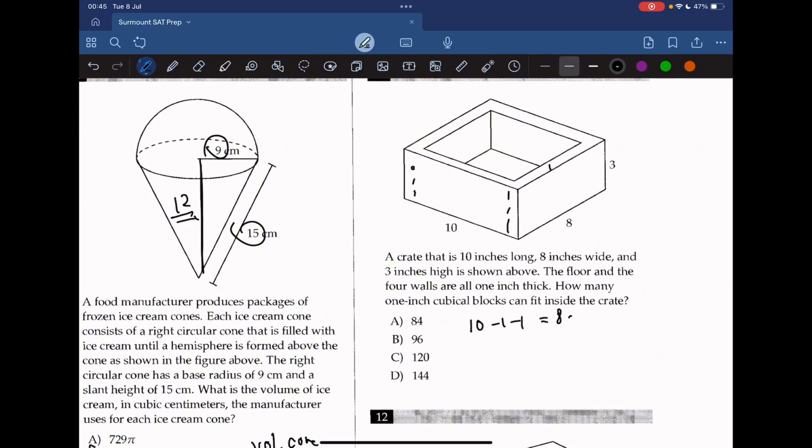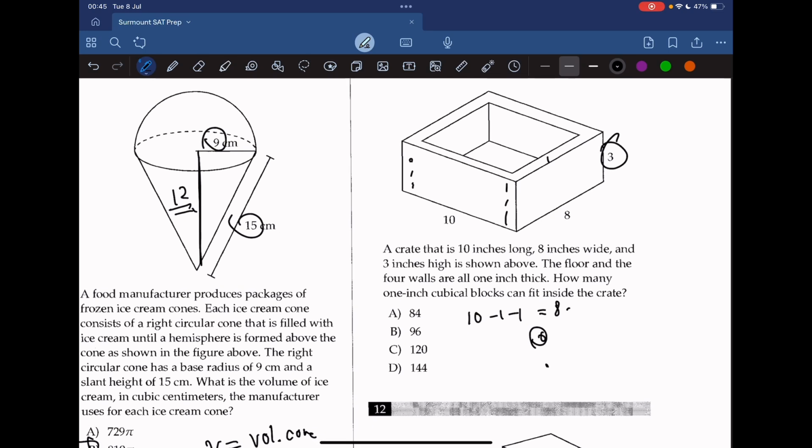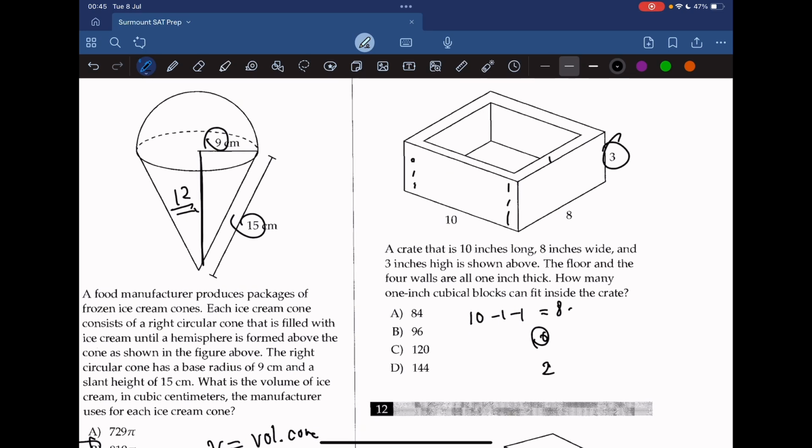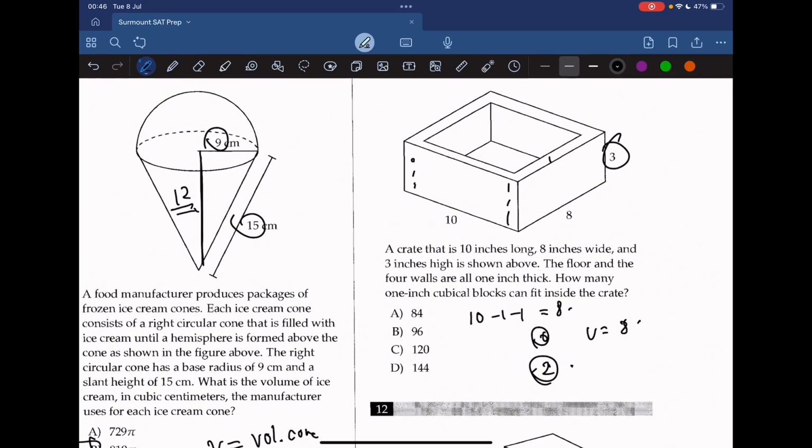We can do the same for the width, so just minus 2, which gives us 6. And for the height, we get minus 1, right? Which means it's 2. So the volume is we multiply the width, height, and length together. So you have 48 times 2, which is 96, so the answer is B.